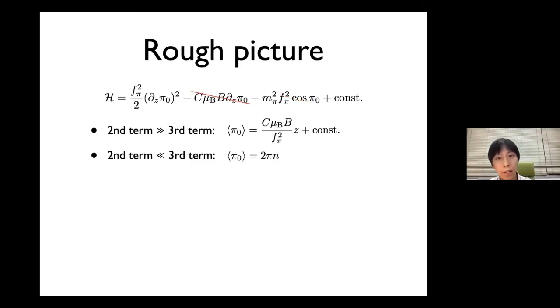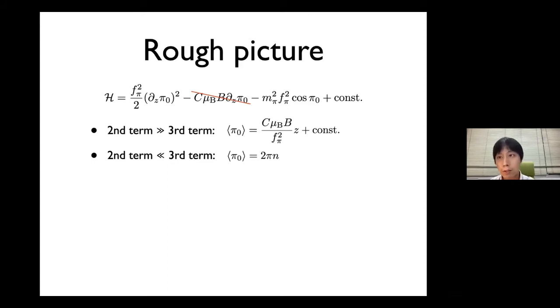Let us then consider the situation where the second term is negligible compared with the third term. In this case, the first term is minimized when the pion field is constant, and the third term is minimized when the pion field takes an integer multiple of 2 pi. Therefore, the expectation value of pi is given by an integer multiple of 2 pi.